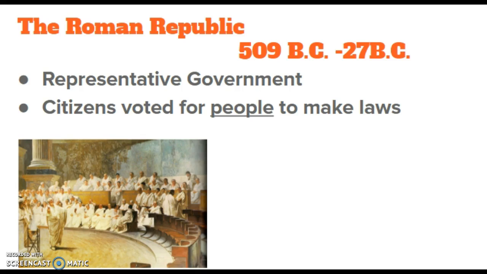And those people will make laws and make decisions on behalf of those citizens. So again, remember, we have a republic. We elect senators and congressmen and congresswomen, and they go to Washington and they represent our voice, and they work with our government and our president to make laws for our country.